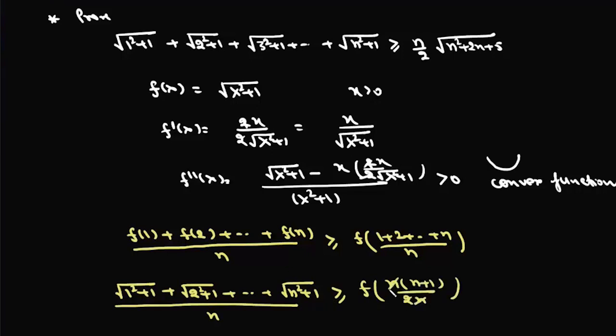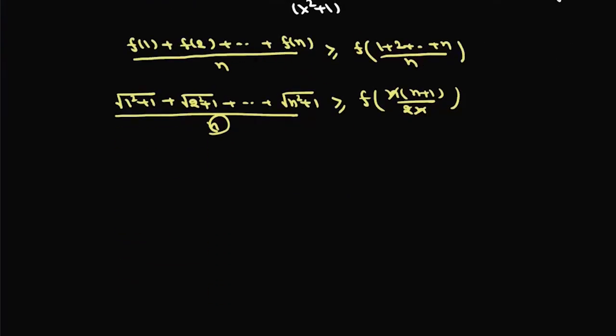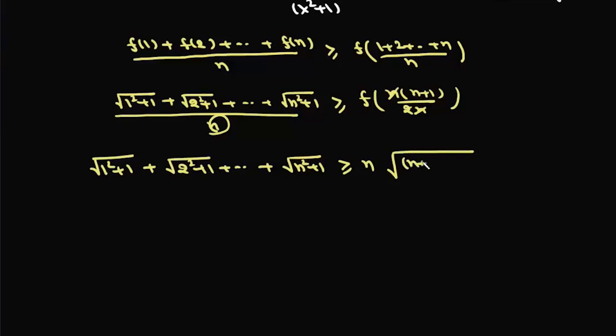Now we'll cancel this n with n, and we'll take this n on the right hand side. We can write under root of 1 square plus 1 plus under root of 2 square plus 1 up to under root of n square plus 1 will be greater than or equal to n, and this f of (n plus 1) by 2 will be under root of ((n plus 1) by 2) whole square plus 1.